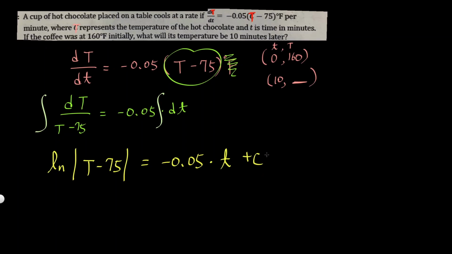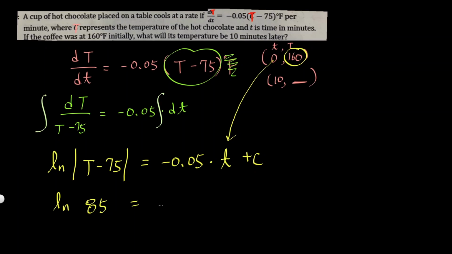Now we need to figure out what c is. Let's plug in the values that we know. Little t is 0, so I'm going to plug in 0 here, and capital T is 160. So natural log of absolute value 160 minus 75. That's just a positive number, so we could get rid of the absolute value. It's going to be 85.